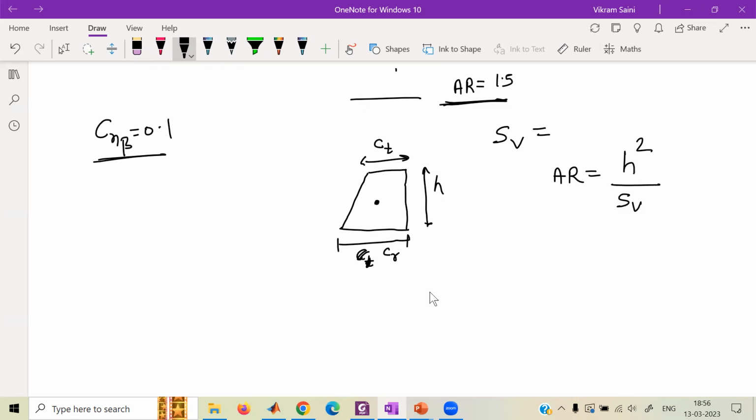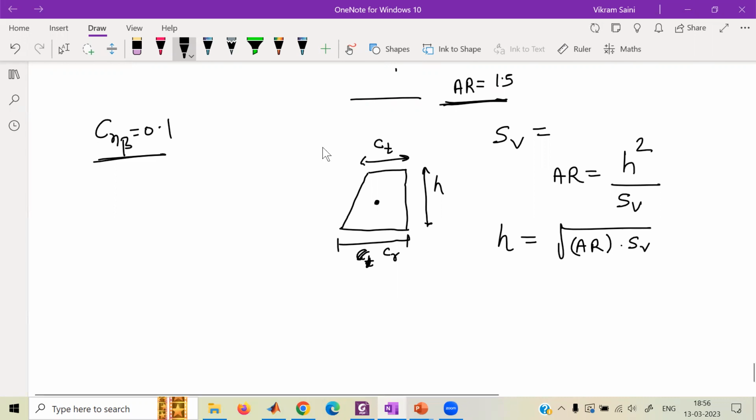And we can find out the height from here. What will be the height? Everyone agrees? Yes, sir. You find the height of this wing. I'm calling it a wing because it's a small wing.